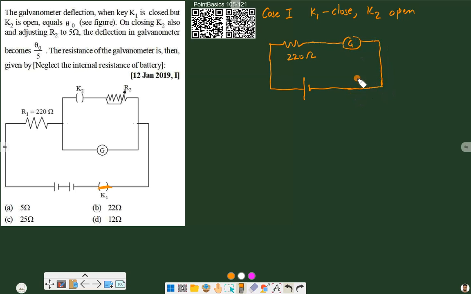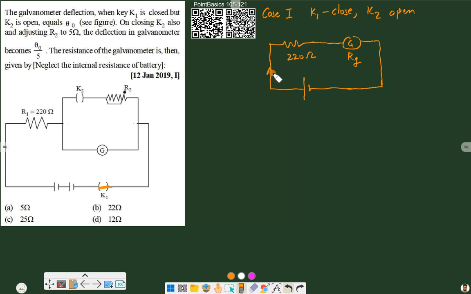Now here, this galvanometer has a resistance in series. Suppose the resistance of the galvanometer is Rg. So now this galvanometer is working as a voltmeter.